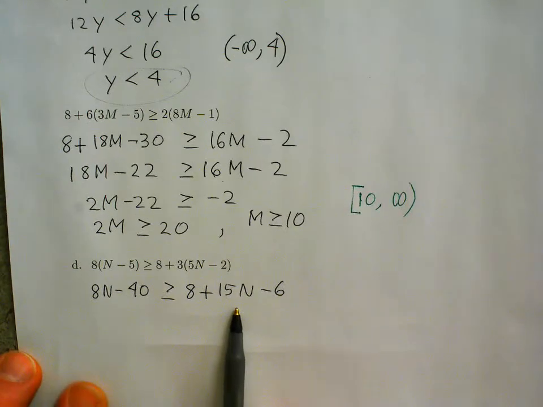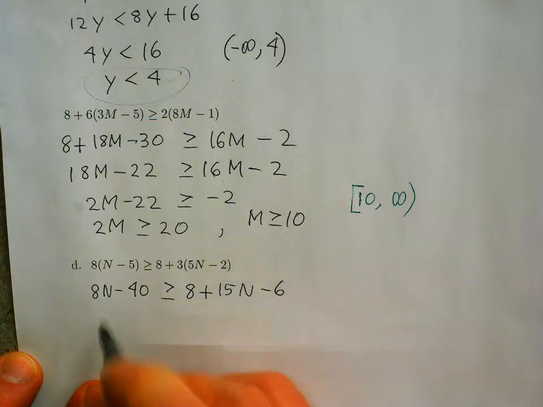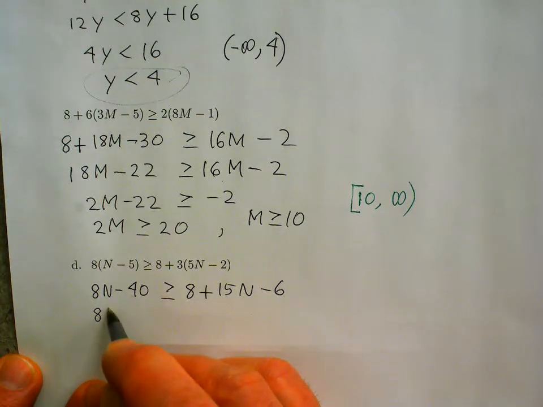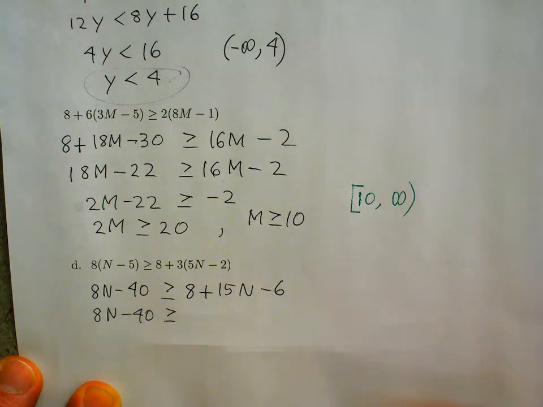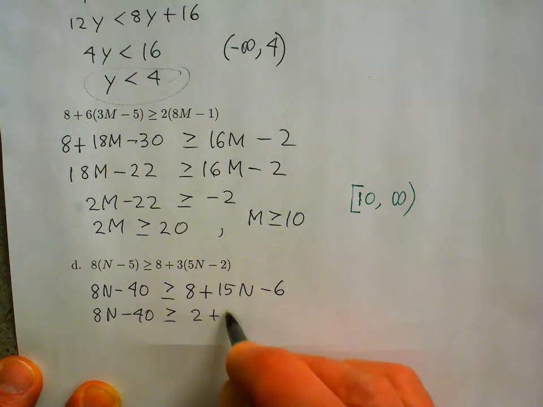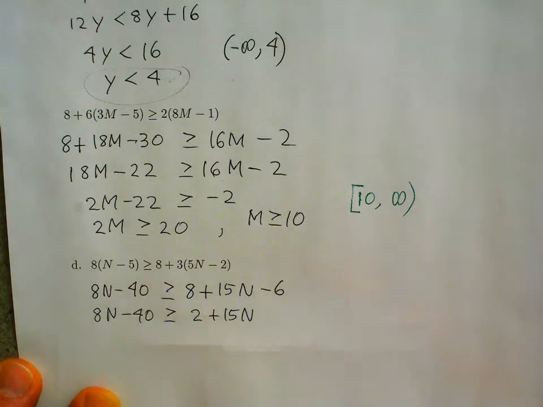On the right-hand side, we can simplify further, so let's do that in the next step. So 8n minus 40 is greater than or equal to 2 plus 15n, because 8 minus 6 is 2.